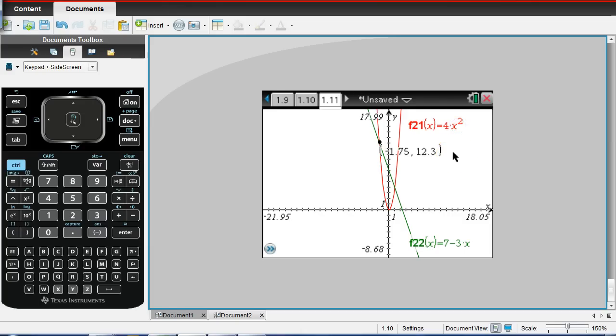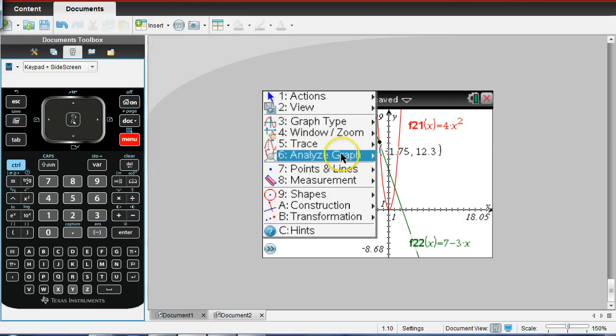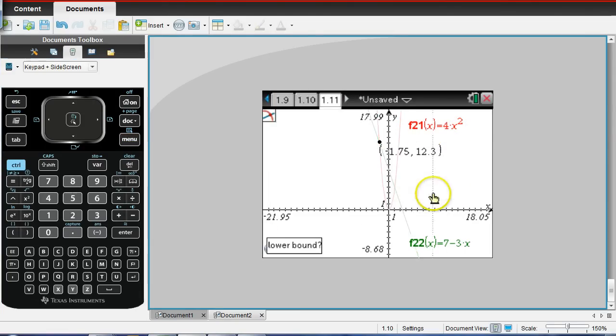I can see one intersection point now. Do menu, analyze graph, intersection. I want to move just to the left of my second point and hit enter, and then drag, and I can see my second intersection is the point 1, 4. So there you have it. So good luck on your assignment.